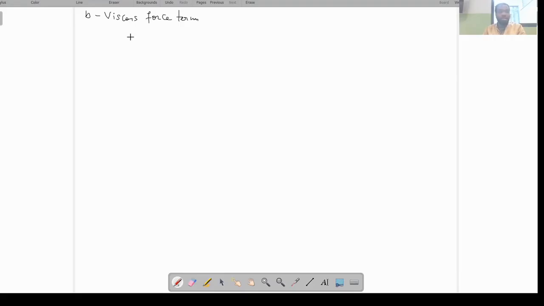The top plate moves at a constant velocity V. Here u is the component of the velocity in the x direction, v in the y direction, and w in the z direction.